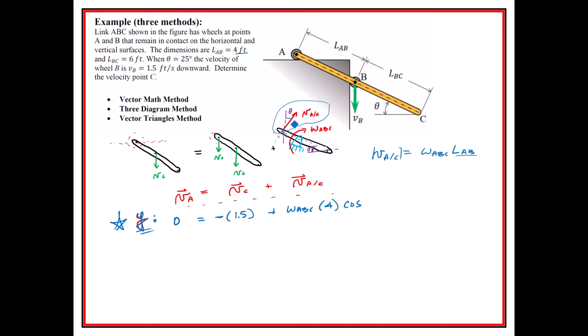So it's only the vertical portion, which happens to be this adjacent side right there, the cosine of our 25 degrees. And from that, we're able to find omega ABC is going to be 0.4138 radians per second, which is, of course, the same thing that we got in the other method. And from our diagram, we established that that was going to make it clockwise direction.